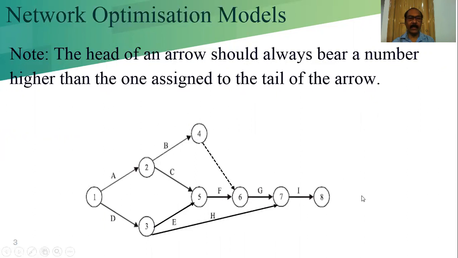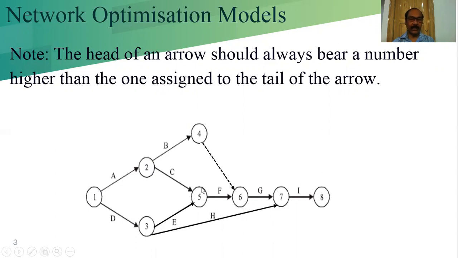Since there are 8 nodes or events, the last should be 8. Now, if we move from left to right, this is the next node. This is the successor, this is the predecessor. This is also the successor, this is the predecessor. So this number should be more than that. So this is 1, this should be 2. This is 1, this should be 2, 3.